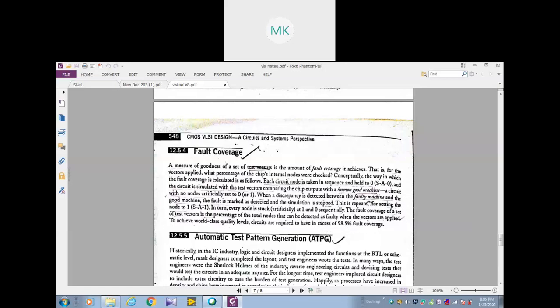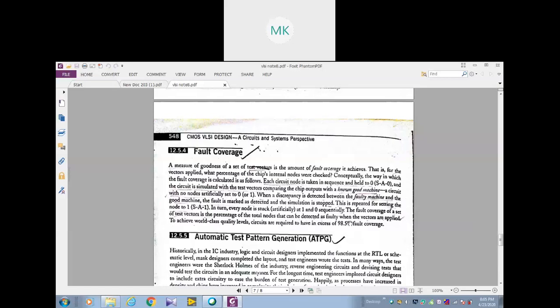Fault coverage is nothing but measuring the goodness of the test vectors. And what is a test vector? Test vectors are the data patterns, test patterns applied to check your circuit. The quality of the test vector is decided by the fault coverage.